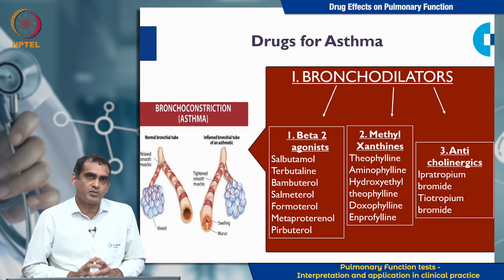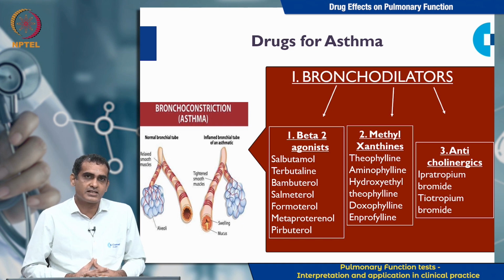Beta receptor agonists: we know pretty well that the bronchial smooth muscle has muscarinic receptors, M3 type, and beta receptors, B2 subtype. When we stimulate beta 2 receptors in the bronchial smooth muscle, it causes relaxation of the smooth muscle. And hence we use beta 2 receptor agonists like salbutamol and terbutaline.